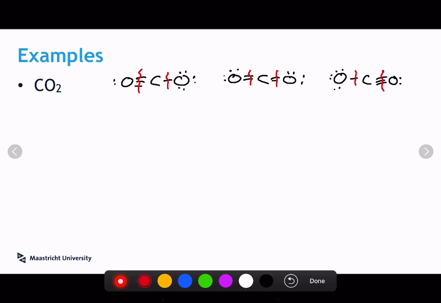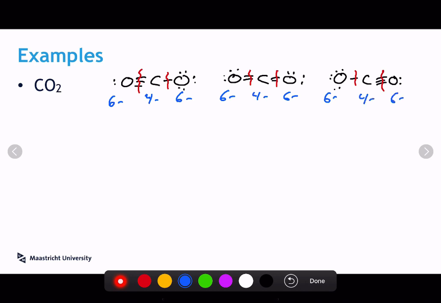When calculating formal charge, we take the number of valence electrons that the atom normally has and subtract the number of electrons that we've assigned it. Each oxygen normally has 6, carbon has 4, so we're just setting up our math here: 6 minus, 4 minus, 6 minus, and so on.